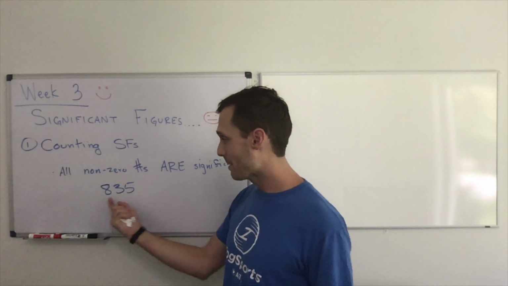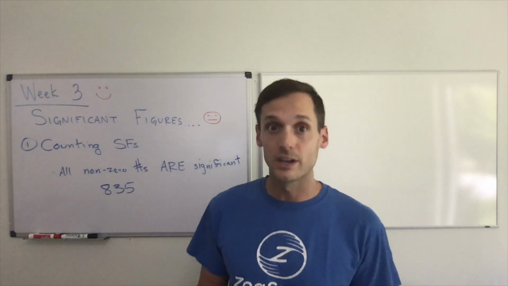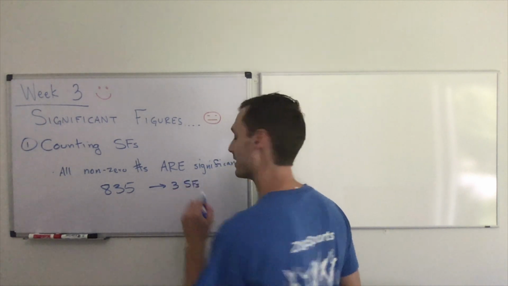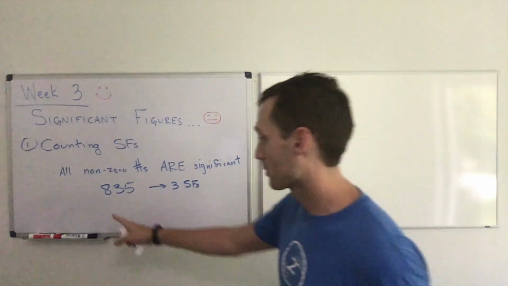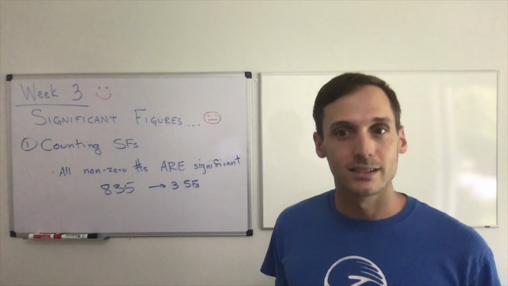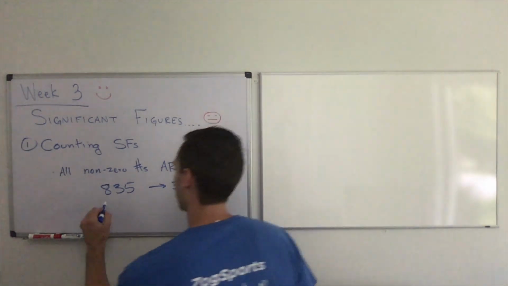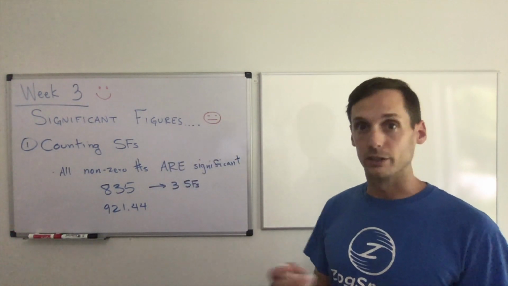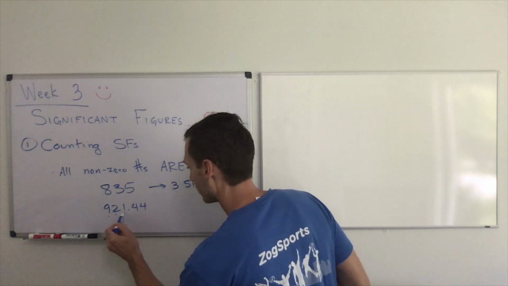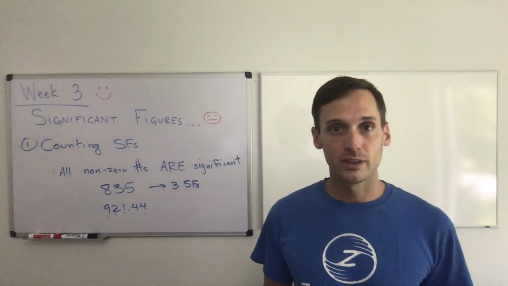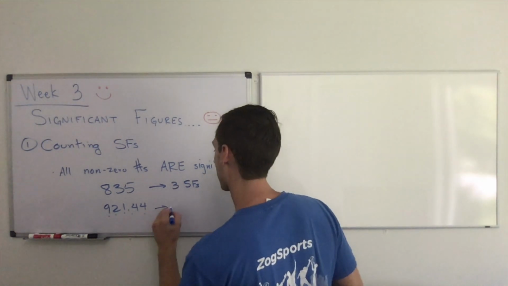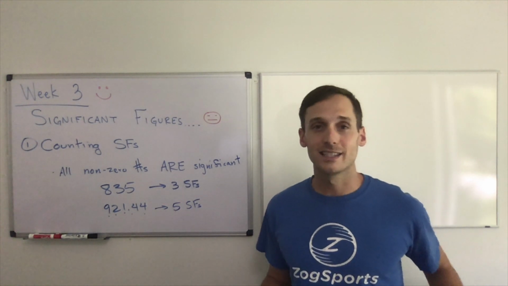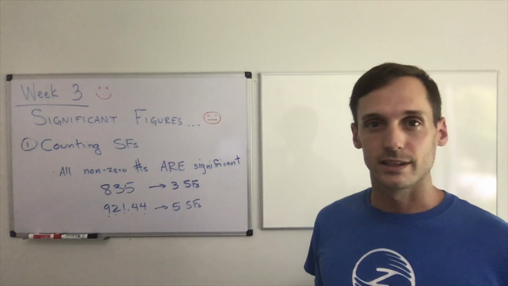So we have 3 numbers in 835 that are not 0, and so therefore this would have 3 significant figures, right? Because there's 3 different digits that are not 0, okay? If we had 921.44, you look at that number, there are 5 digits in that number that are not 0. So here we would have 5 sig figs, okay? So that's the easy one, right? Anything that is not 0, automatically significant.